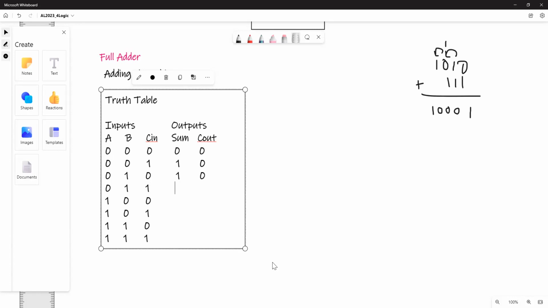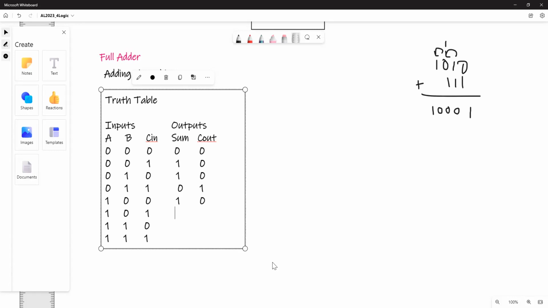When you have 1, 1, we will have the addition. Sum is 0, carry is 1. The next one we have sum is again 1, and there's no carry. And here we have 1 and 1.